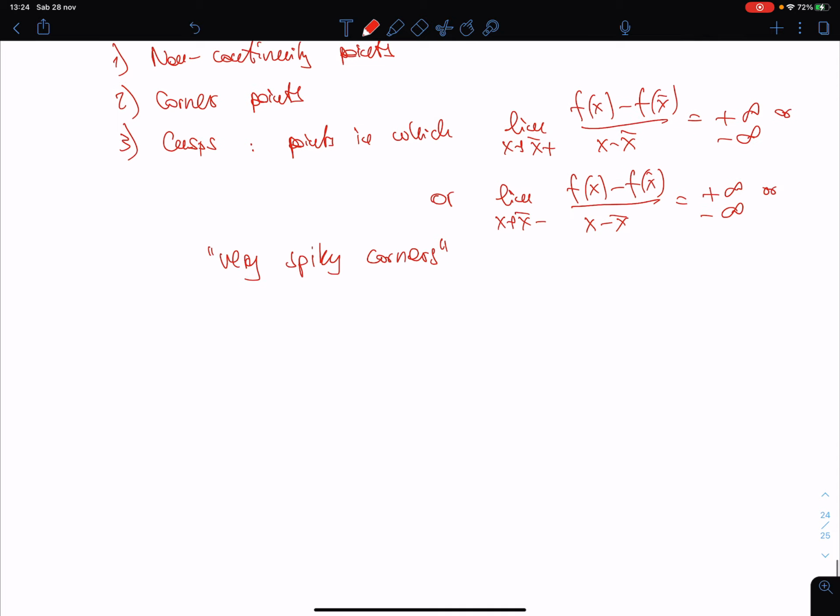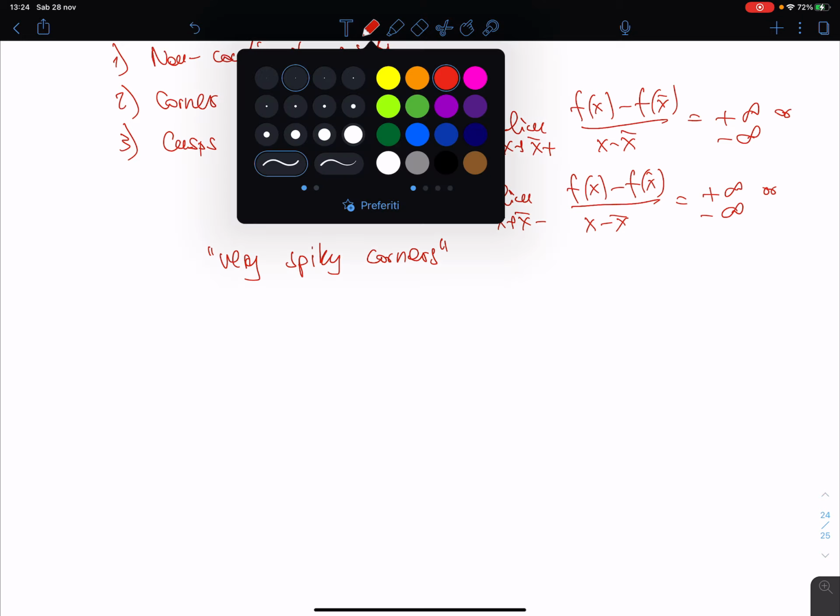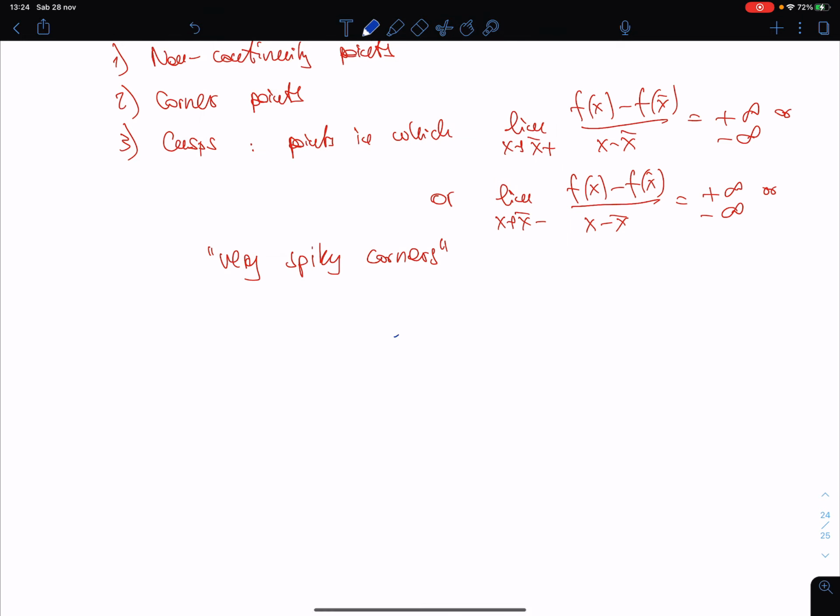What does this very spiky corner mean? If I can give you some examples, I don't have any in mind now, but it means that they are like something like that. This is a corner, and this is a cusp.